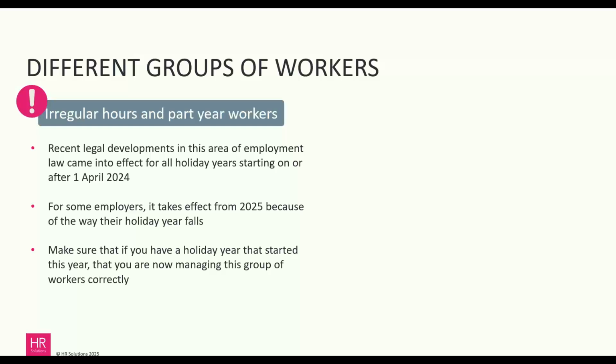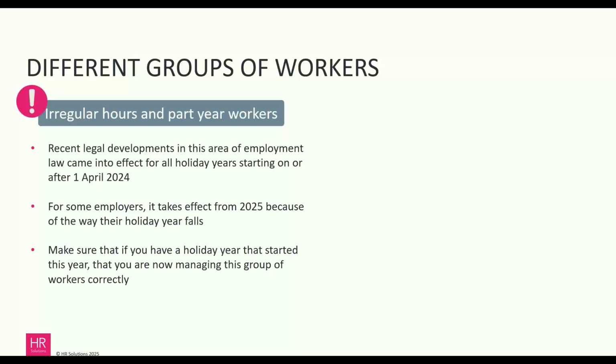So for those of you here that have a holiday year of April to March, these rules should already be in place in your business for how you deal with irregular hours and part-year workers. But for those of you, the majority of you, I think, wasn't it 55% of you, you've had to wait until January this year to bring in these changes because you couldn't introduce them partway through a holiday year.